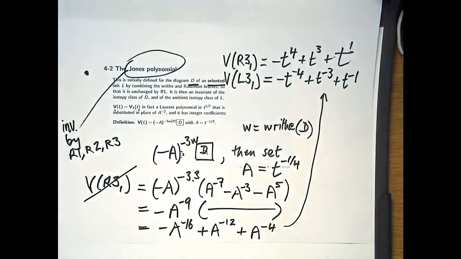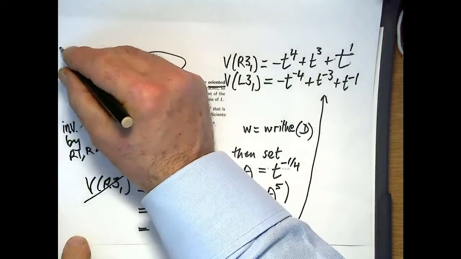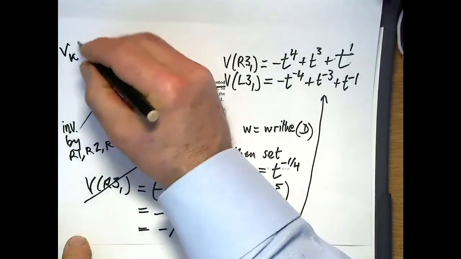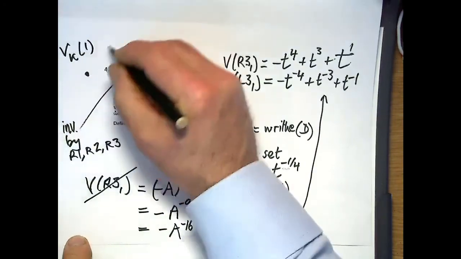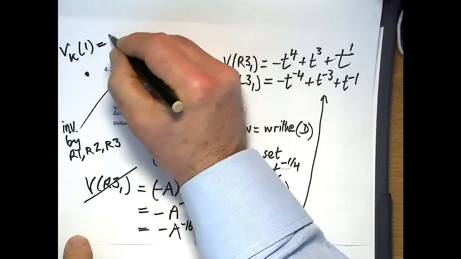The other thing you can tell is good for checking the signs, because often the signs sort of alternate a bit and you keep getting them wrong. I kept writing the Jones polynomial with t to the fourth minus minus. That was wrong. When you put t equal to 1 for a knot, you should get 1. So for the Jones polynomial of any knot, when you put t equal to 1, that should equal 1.